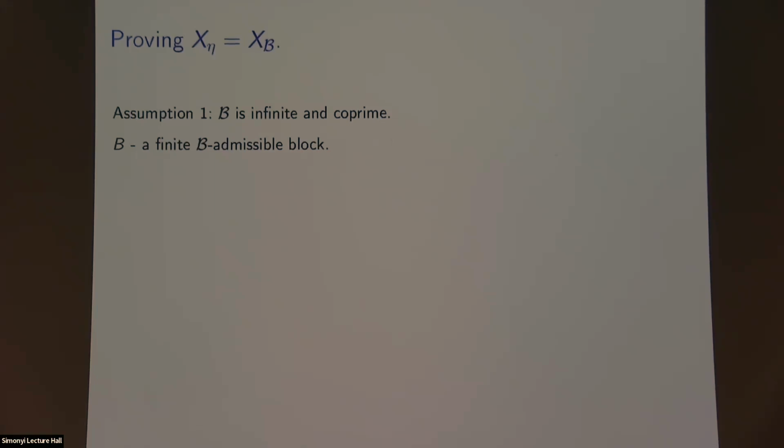You take a finite B-admissible block. Having this, you can find a finite subset A of B such that this block appears in the indicator of A-free numbers. Not B-free numbers, but A-free numbers. This is, I would say, an exercise in applying the Chinese remainder theorem.